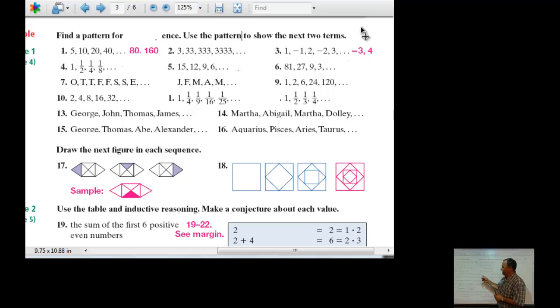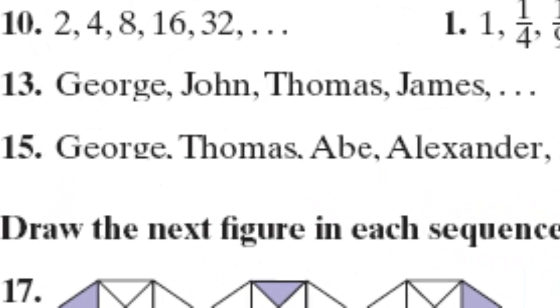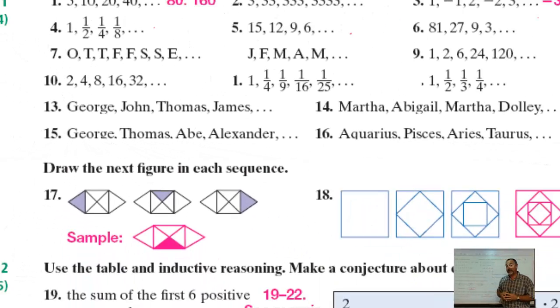Let's see. These down here, some of these you might know what they're talking about. You just don't know what the next ones are. So you may have to go online, do a little research to figure this out. But I'll tell you what these are, and you can figure them out for yourselves. So George, John, Thomas, James, these would be the names of the first presidents.